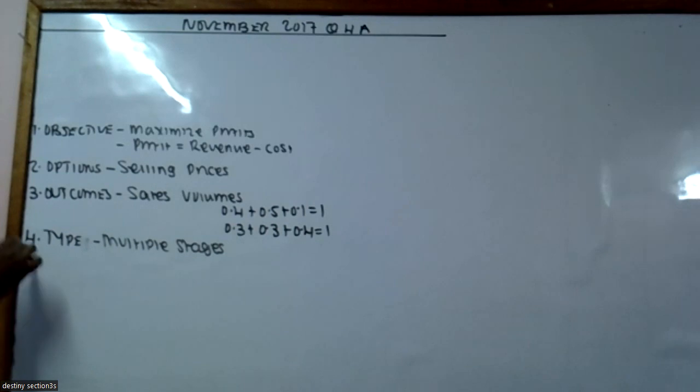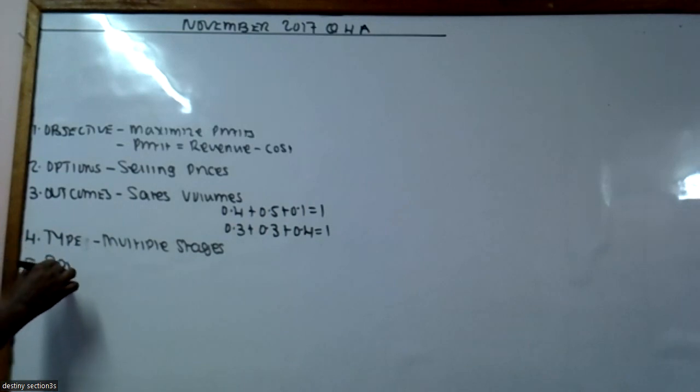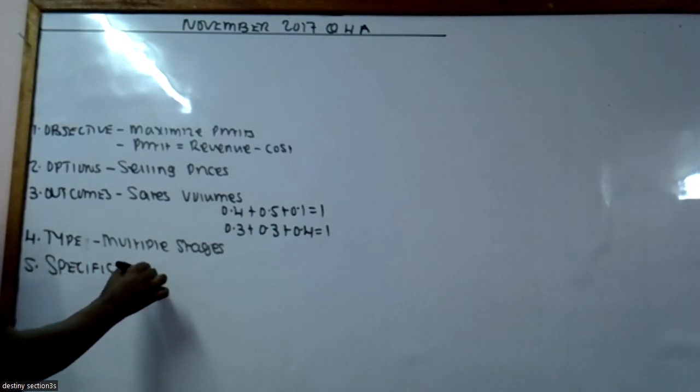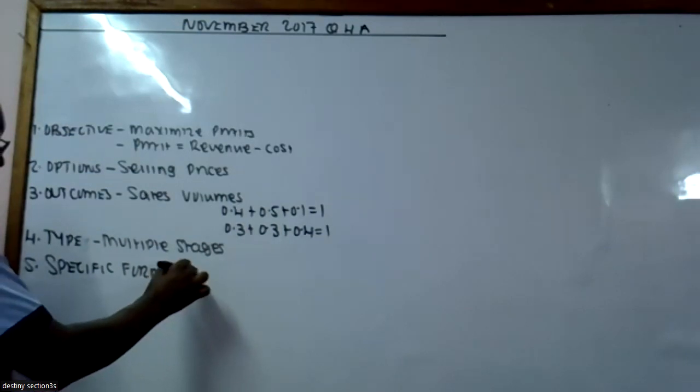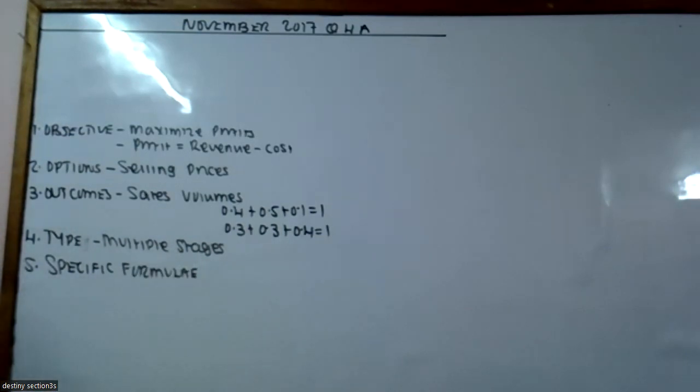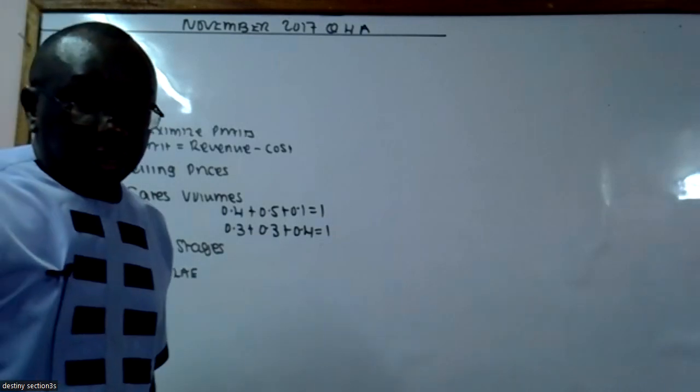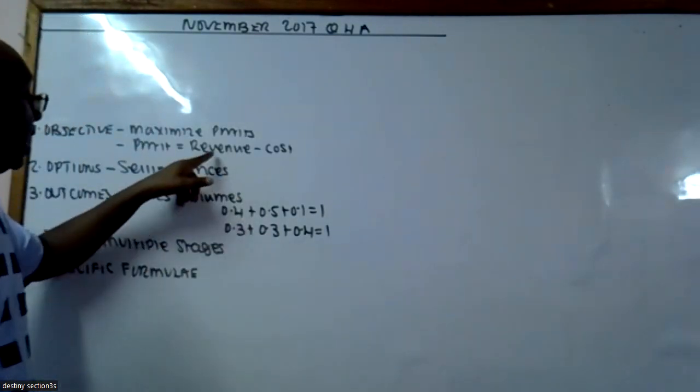After that, we go to step number 5, where we prepare the specific formula. Now, the specific formula is a modification of this one.